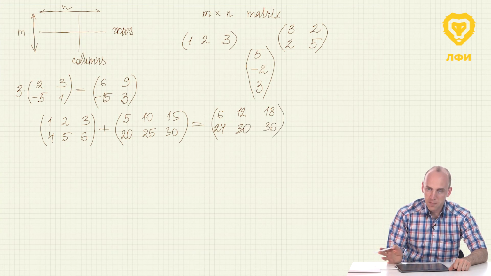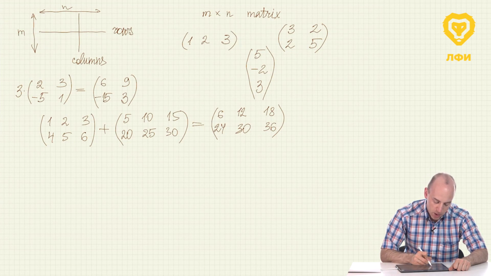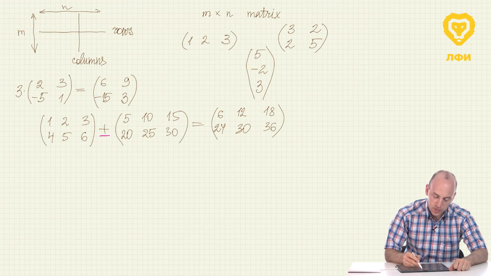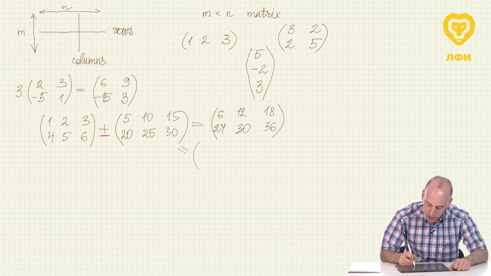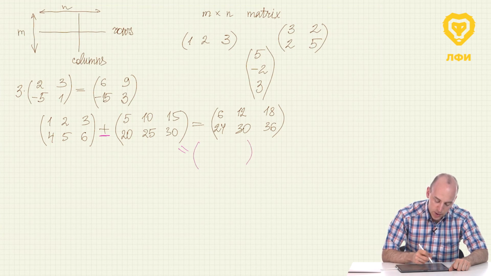In fact, subtraction of matrices is defined in the same way. So we can subtract two matrices of the same dimensions. And if we do so, each of the entries in the difference is equal to the difference of corresponding elements. So we'll get that 1 minus 5 is minus 4.